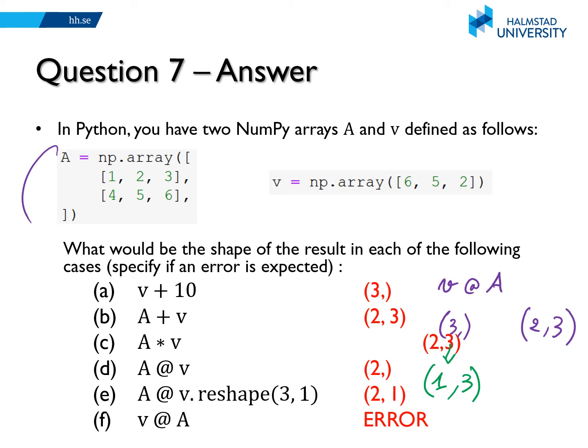It cannot be multiplied by A because here you have 3 and here you have 2, right? And also, if you consider it as a column vector, then also this multiplication doesn't make sense, because here you have one column and here you have two rows. So this multiplication cannot be done. So there is a mismatch of dimensions here. So you will get an error in this case.